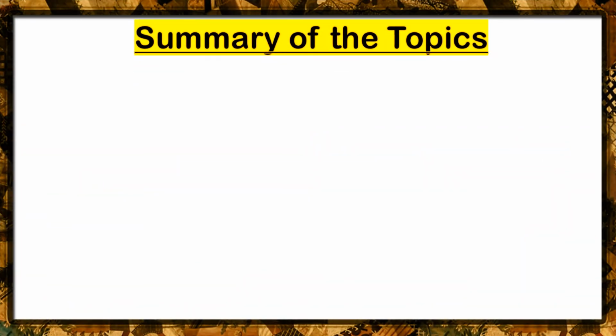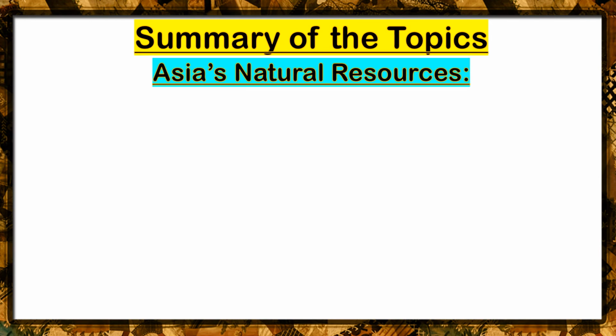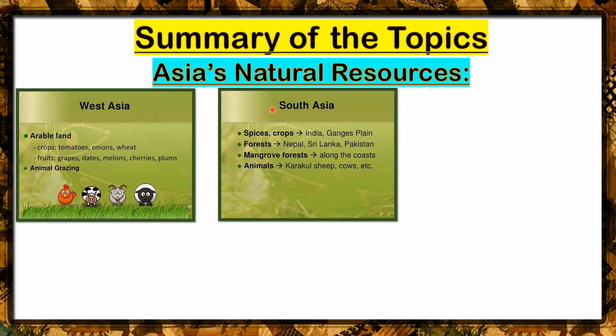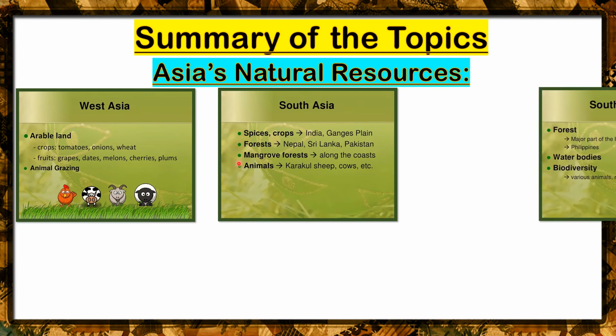Class, just to summarize the topics that we have just discussed, which is about Asia's natural resources. So in West Asia, we have arable land, and we also have different kinds of animal species. In South Asia, we have different spices, of course, different types of forest, mangrove forest, as well as animals.